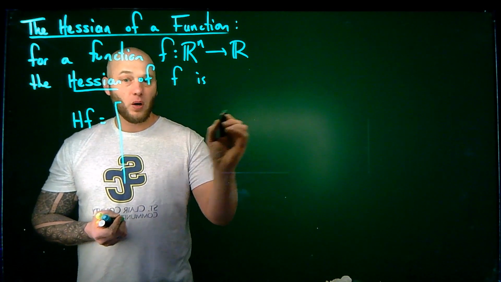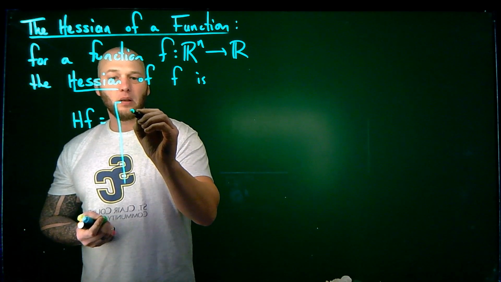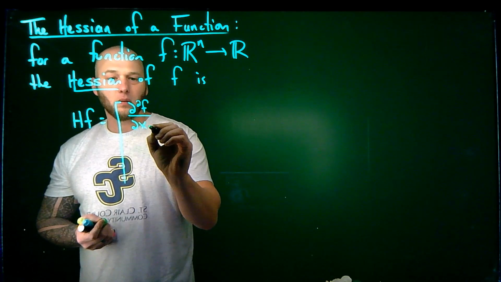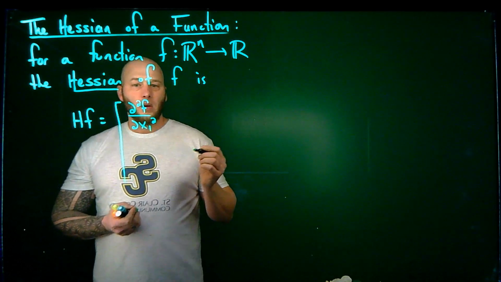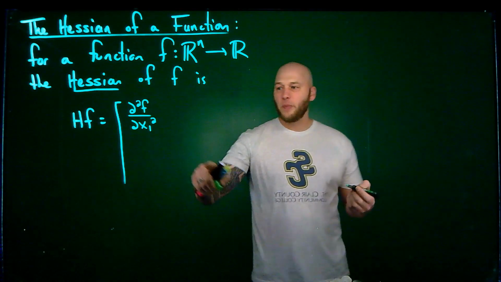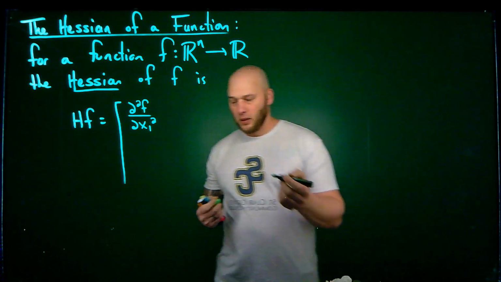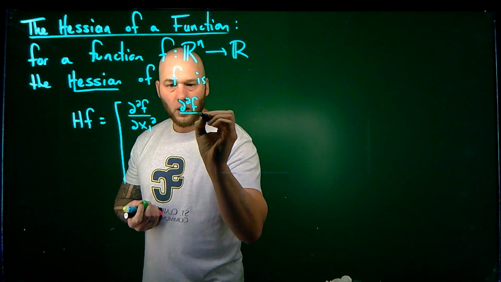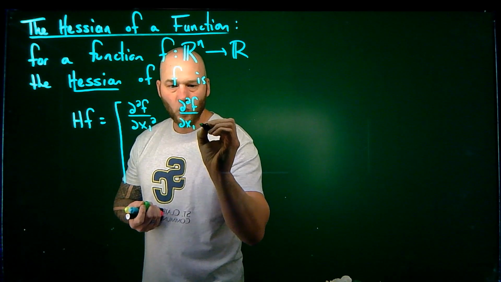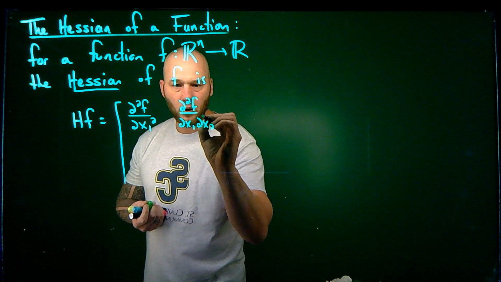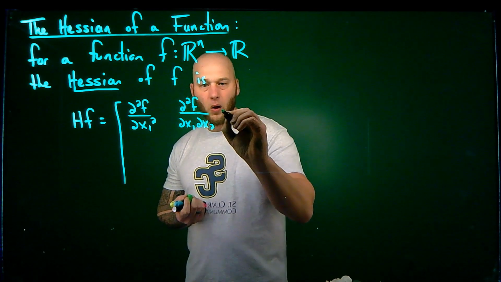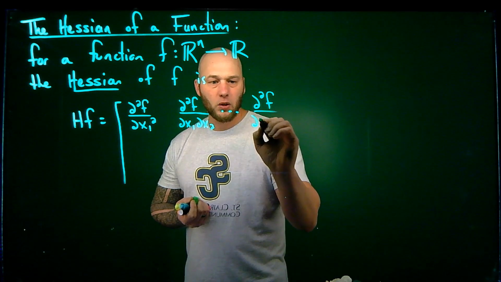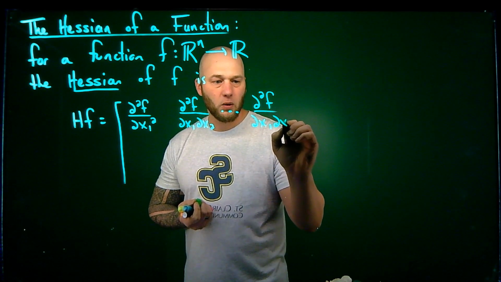The first row is going to be the second order partial of f with respect to the first variable twice. The next element of this row is going to be the second order partial of f with respect to x1 and with respect to x2, but with respect to x2 first, all the way to the second order partial of f with respect to x1 and with respect to xn.